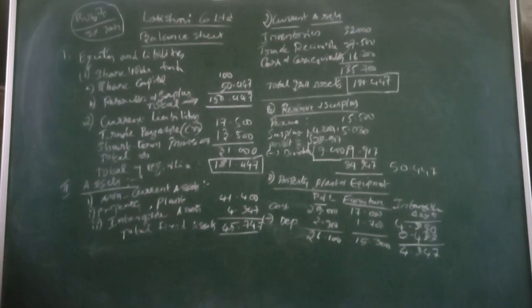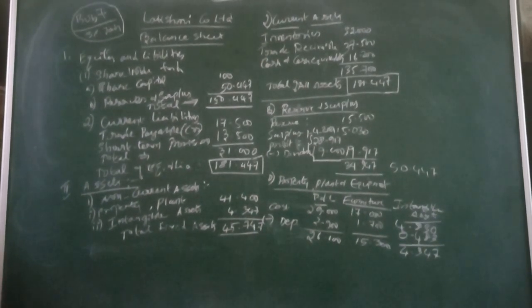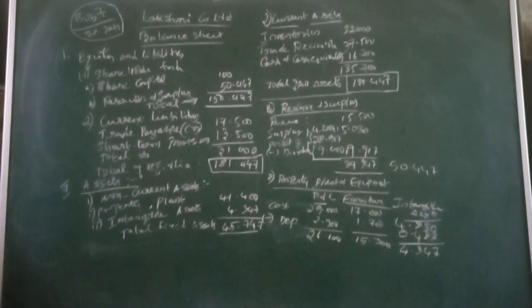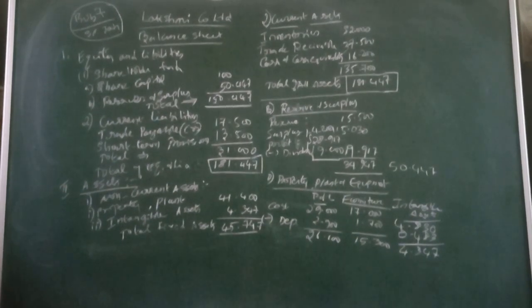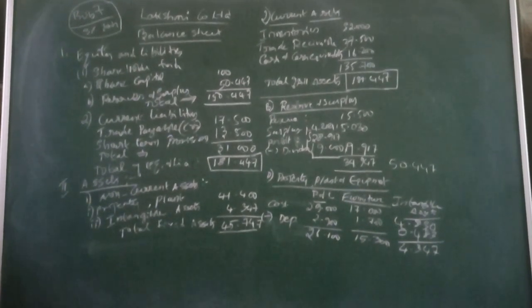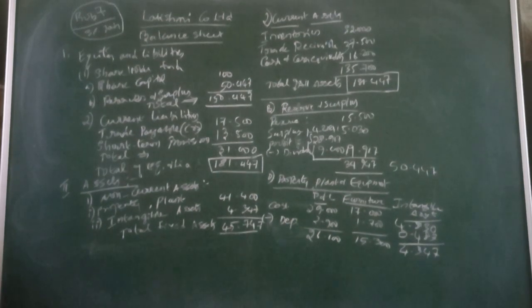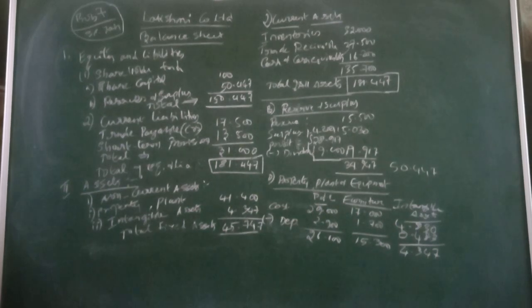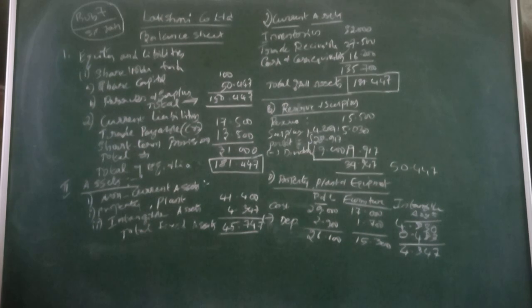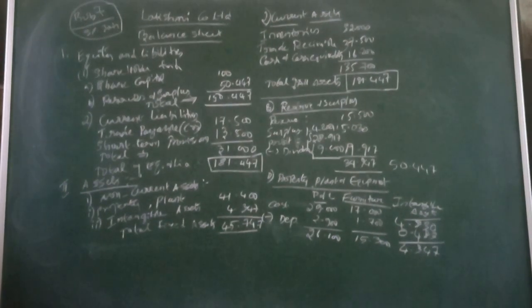In this case, we are taking the amount of share capital 100, and reserves and surplus given in the problem 50.47, right? And that 50.47 is taken from the schedule we have prepared, that is schedule number B. I show it on the adjacent side. The amount of reserve given is 15.5 and the surplus is 15.03, then profit for the year 28.9, then dividend for this year is 19.